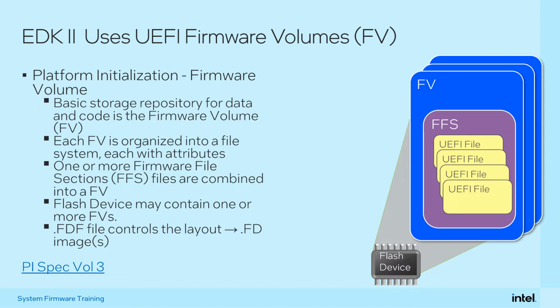Each firmware volume is organized into a file system with attributes. One or more firmware file sections files are combined into a firmware volume. The flash device may contain one or more firmware volumes, and in fact, will contain many. The EDK2 FDF file controls the layout as part of the build process.